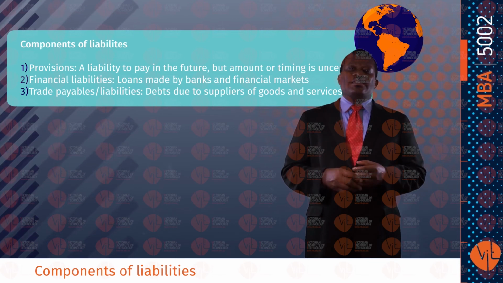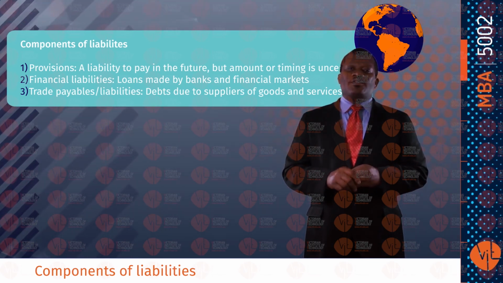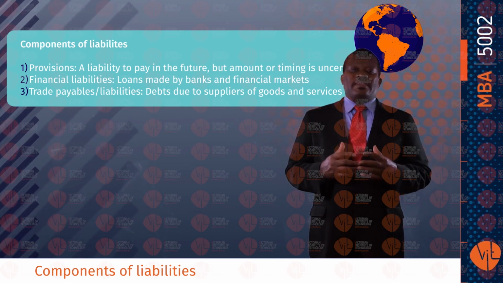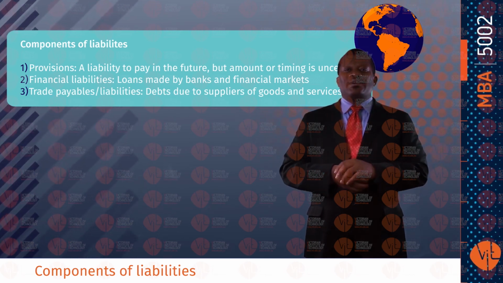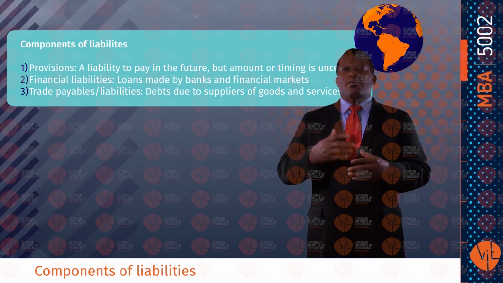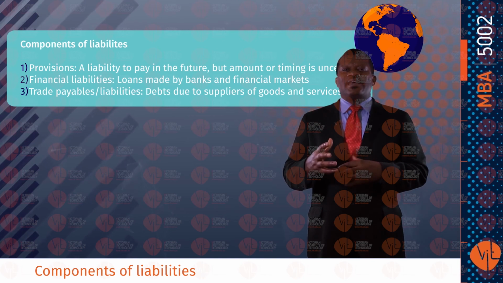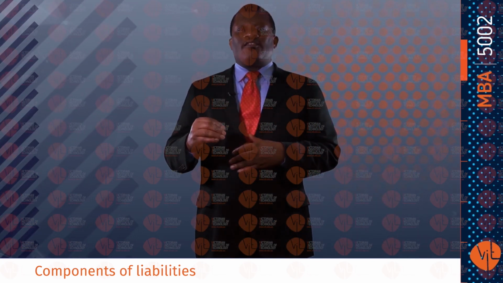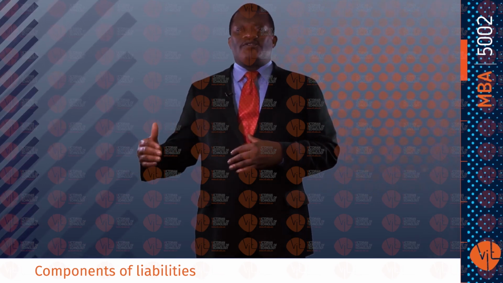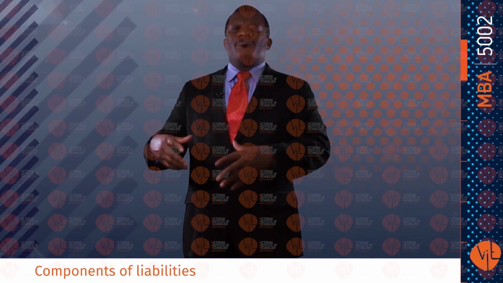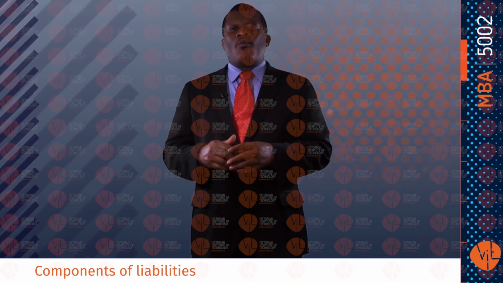And so, for instance, if an accountant wants to set aside a provision for warranty, in this case, they expect their customers to claim this warranty on the goods or services that they have provided. This has not actually occurred, but the company will set aside or will make provision. So in case the customers return the goods or the customers claim warranty, then they will be able to pay it. These are a form of provision.